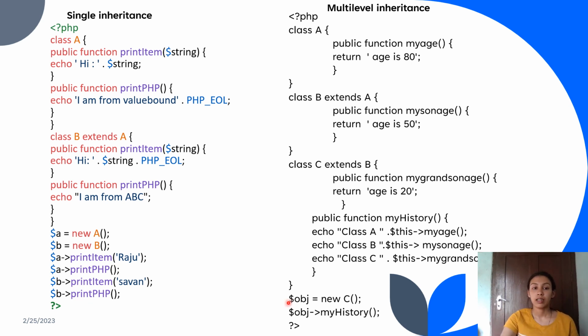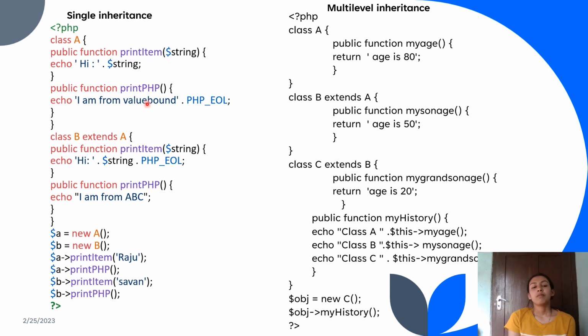Like class B extends A, which means class B can access and use the properties and functions of class A, such as print item and print PHP.